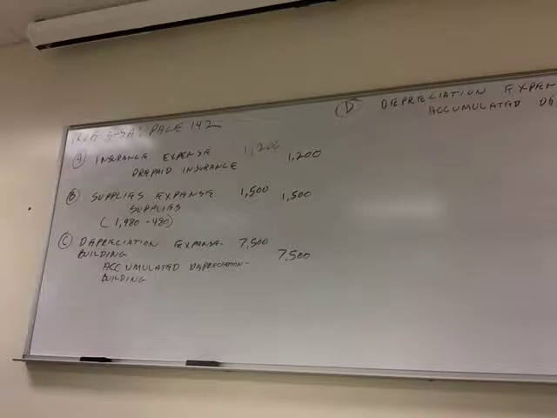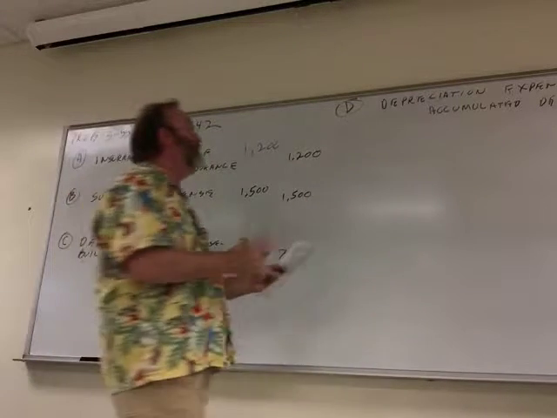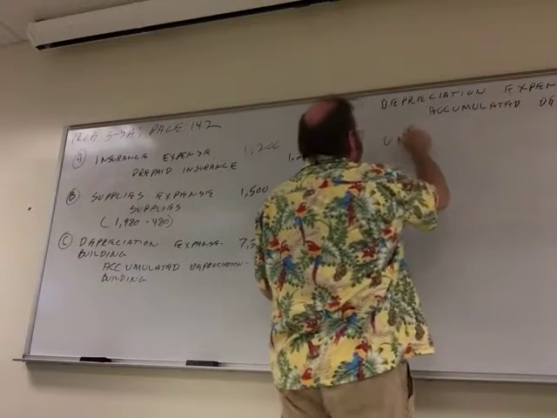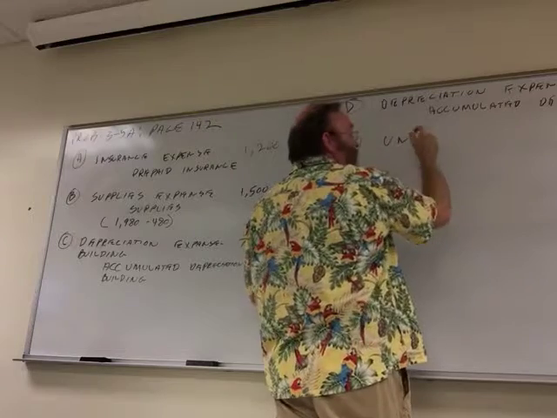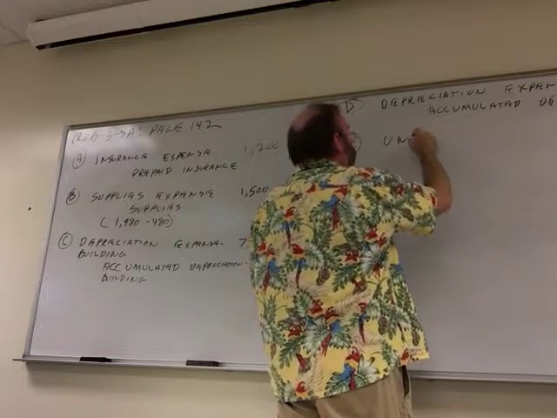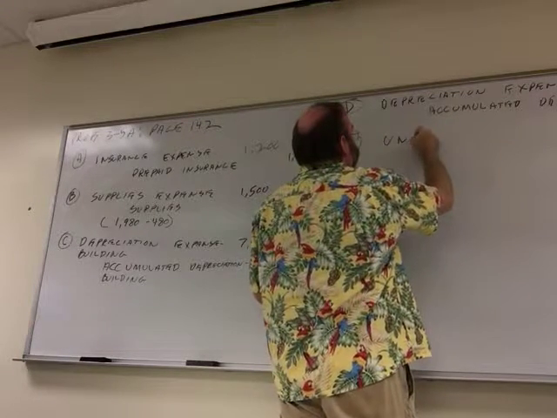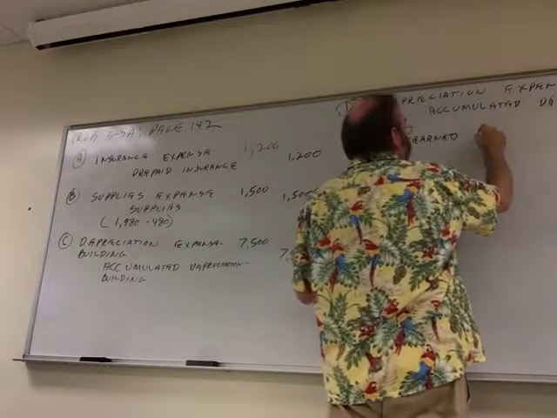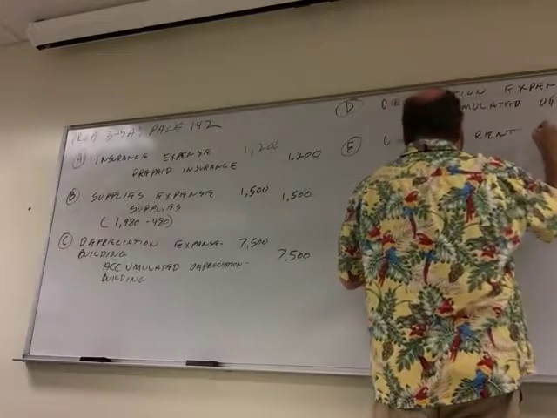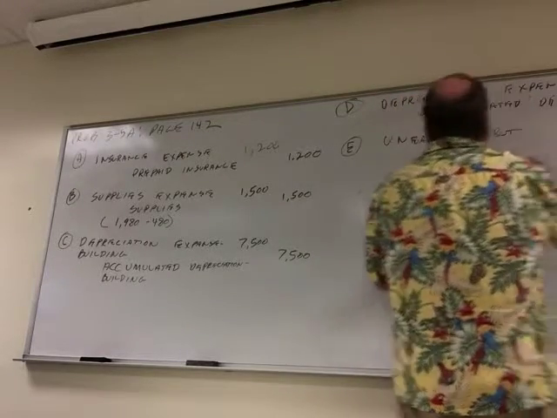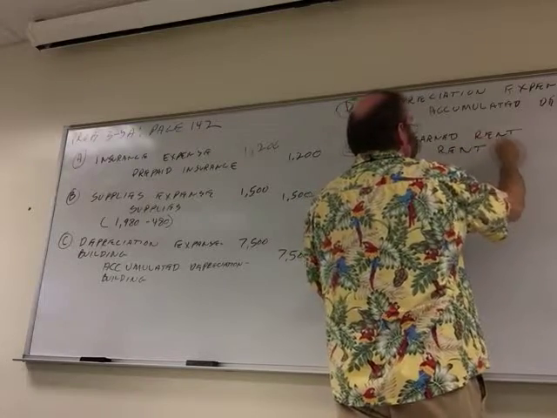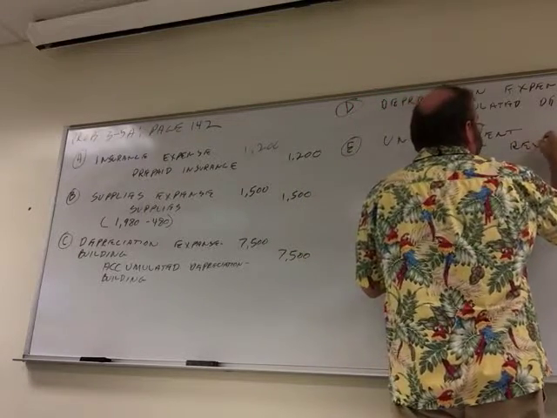The still unearned portion of that is $1,550. You need to lower the liability. This is a deferred revenue. And we now need to get it onto the income statement in the form of rent revenue.